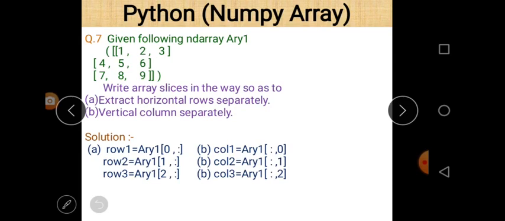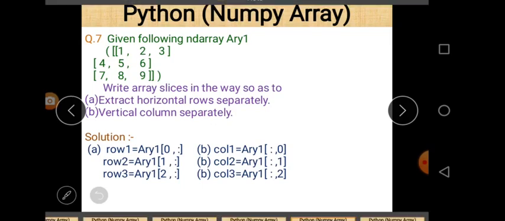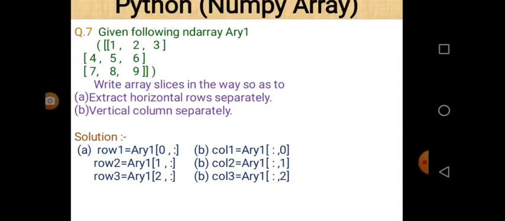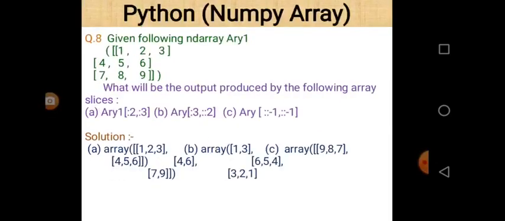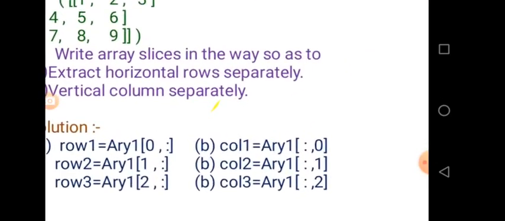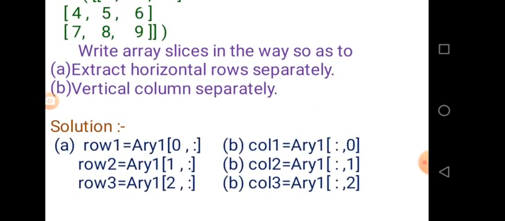For rows, just write the name of the array. After that, for the first row, write its index position, which is 0 in this case, then comma colon. Colon means each and every column.